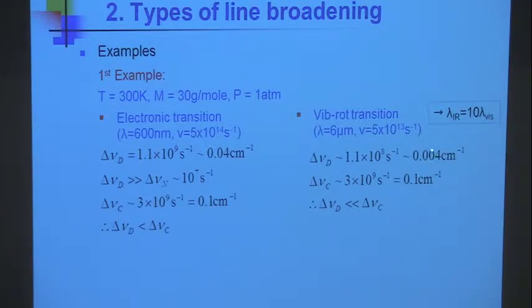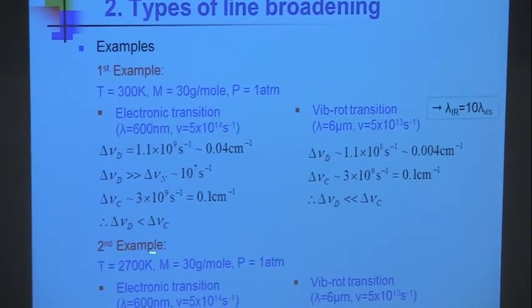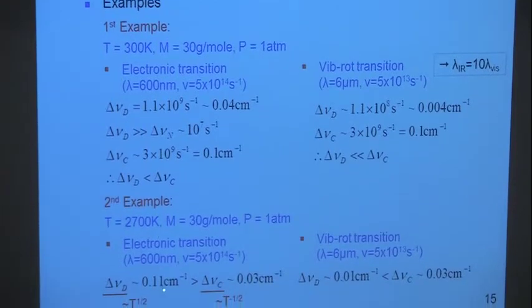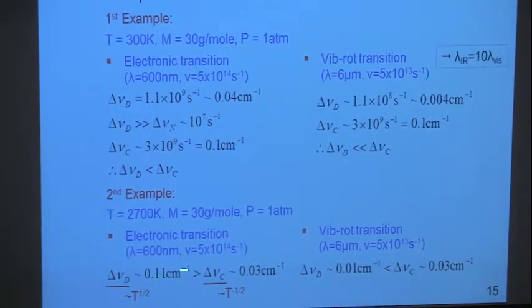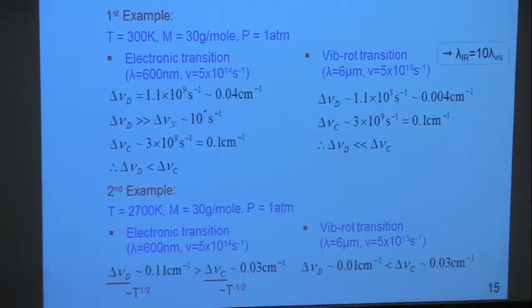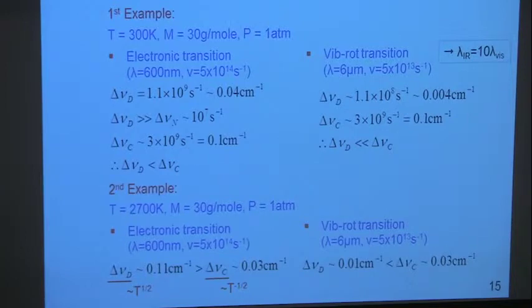Now I find that the Doppler width is quite a bit smaller than the collision width. So you can find different relative values at different conditions. Here's another example, a high temperature example. Electronic is basically the same column here, but I've gone to higher temperatures. Now I find that the Doppler width is bigger than the collision width. Doppler scales with the square root of T, collision width scales as 1 over root T.